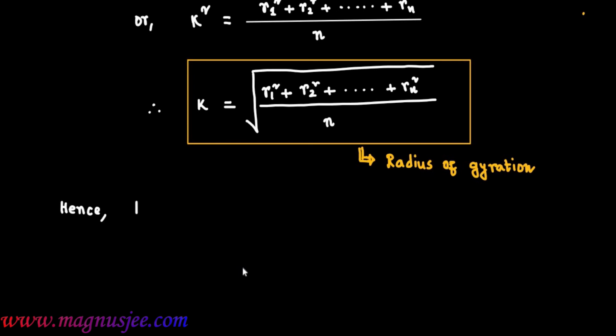Hence k has another definition, that means radius of gyration has another significance or definition if the constituent particles have the same masses.